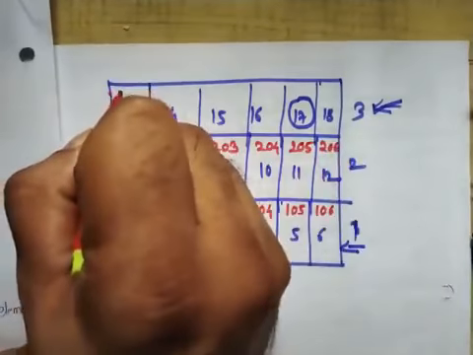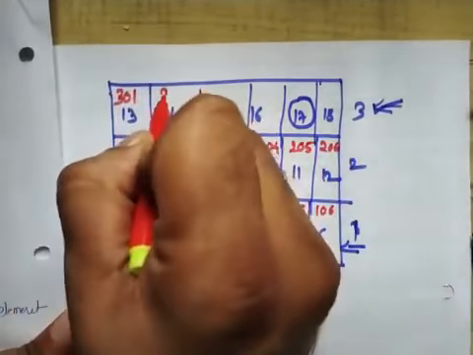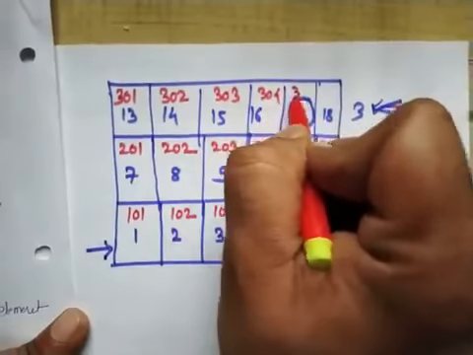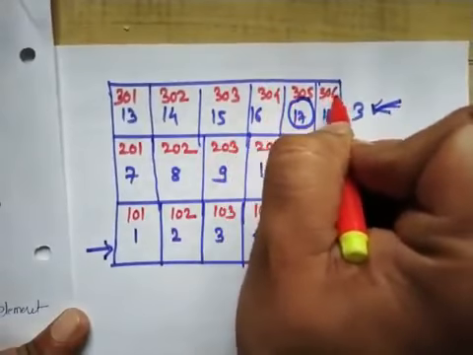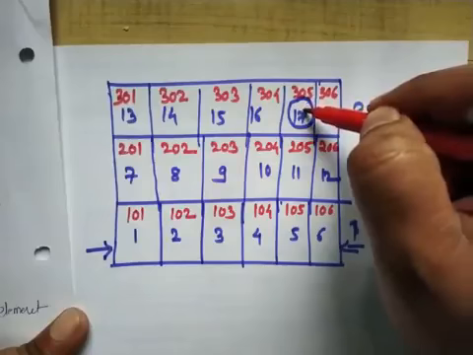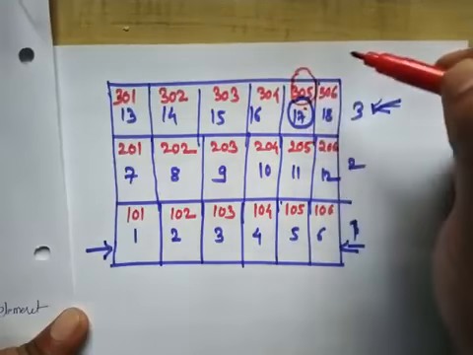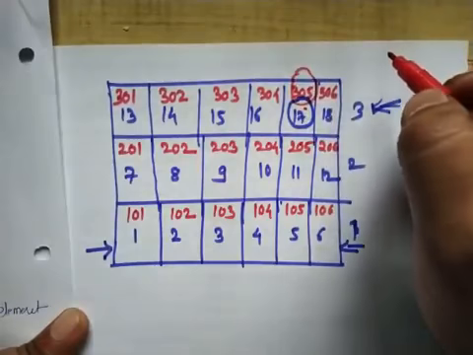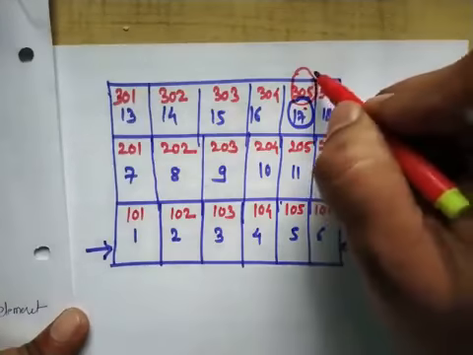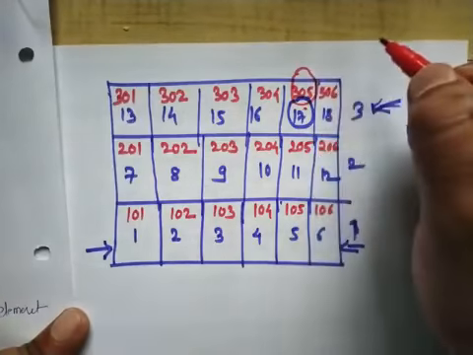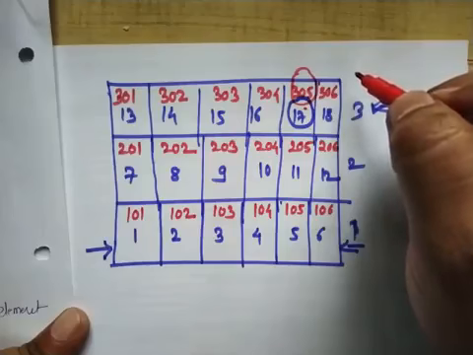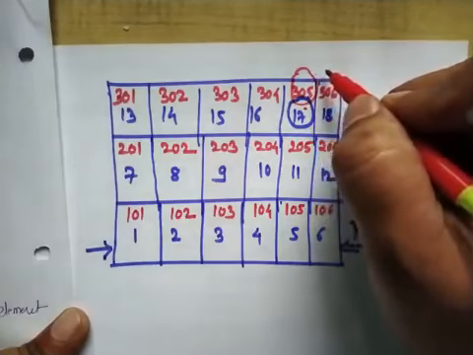Now here 301, 302, 303, 304, 305, and 306. So now instead of saying flat number 17, we are going to use flat number 305, which indicates the fifth flat on the third floor.